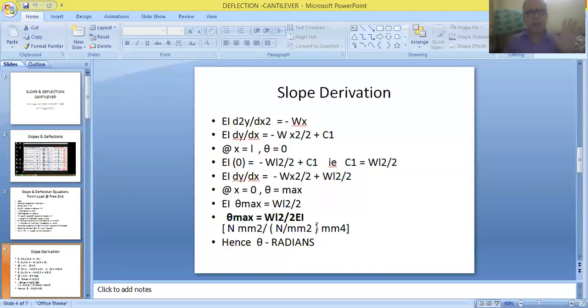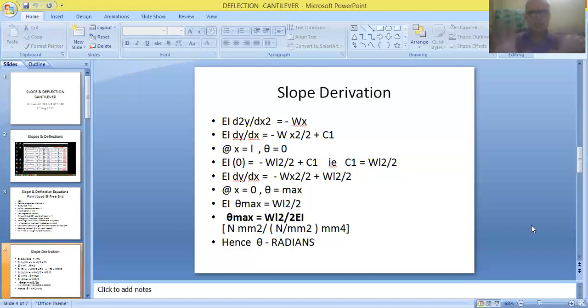This way we are getting these values. Friends, we can put the individual units. W is in newtons, L square in millimeter square, the value of capital E in Newton per millimeter square, and the value of capital I, that is moment of inertia, in millimeter 4. We will be left with no units. Therefore, theta is expressed in terms of radians.